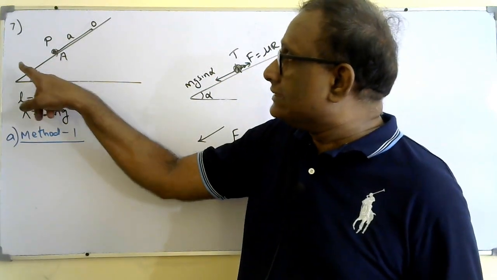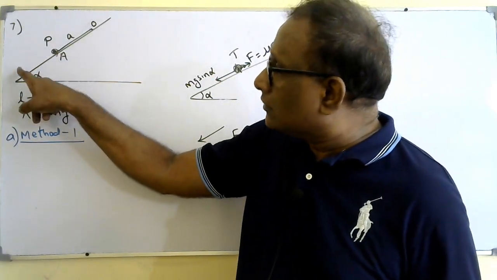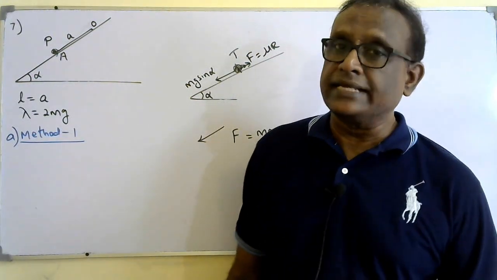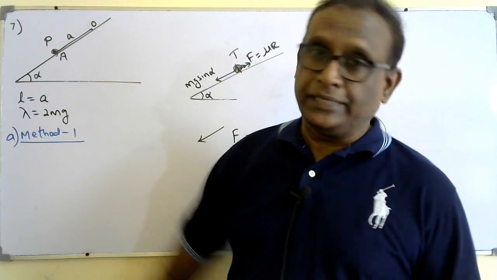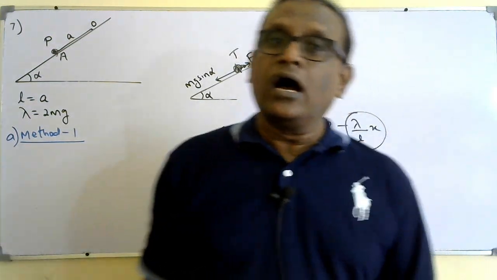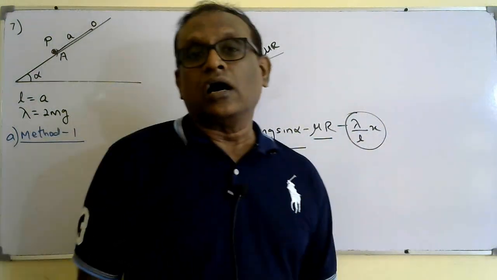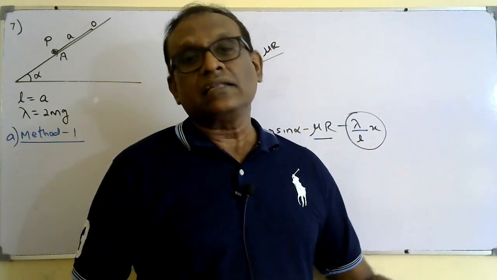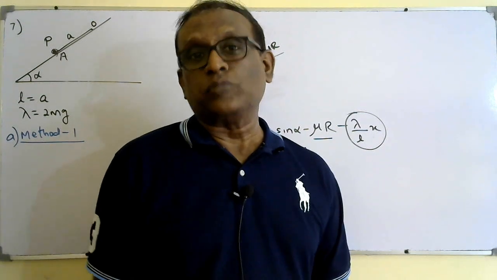Finally, when it moves down to the bottom point where it comes to rest, all the loss in GP will become equal to work done against friction and elastic potential energy.